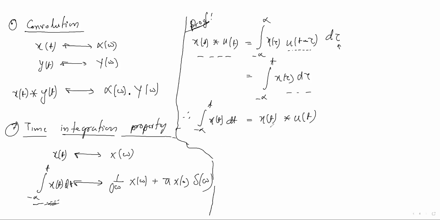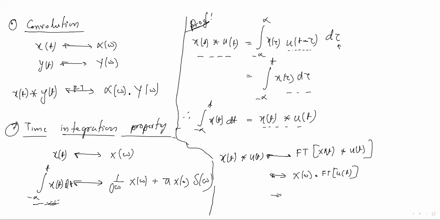So we now have to find the Fourier transform of this. The Fourier transform of x of t star u of t is the multiplication in the omega domain, that is, X of omega multiplied by the Fourier transform of u of t.